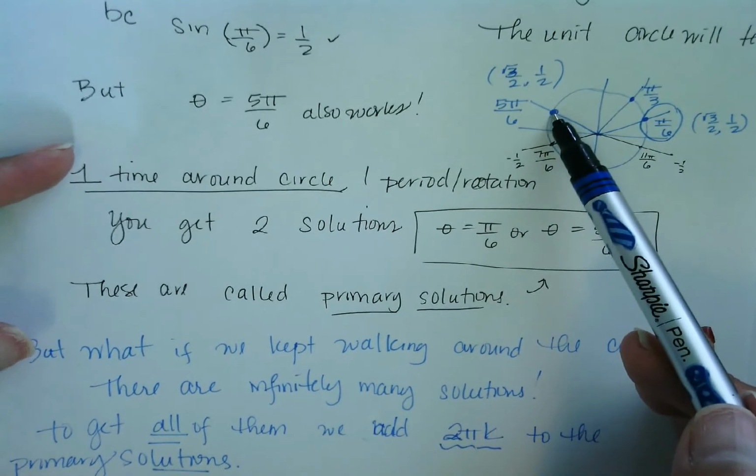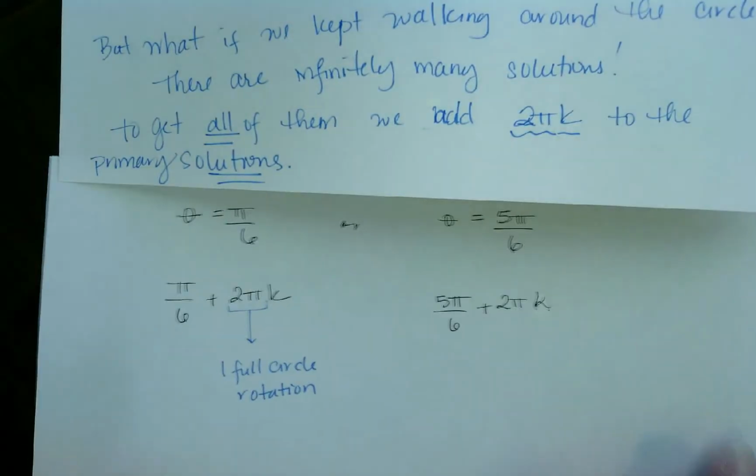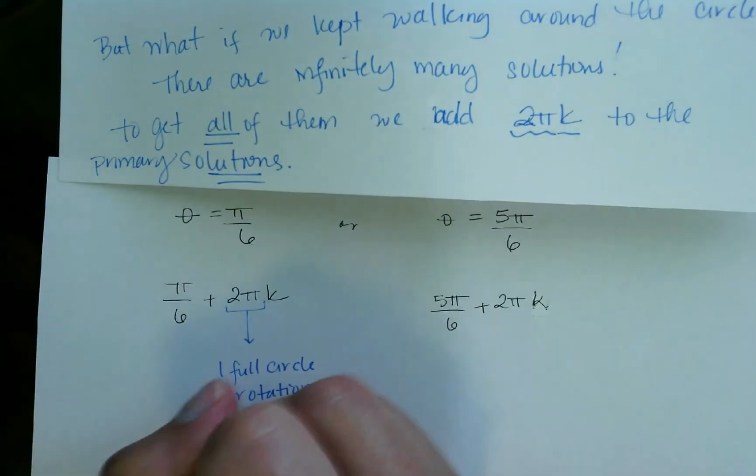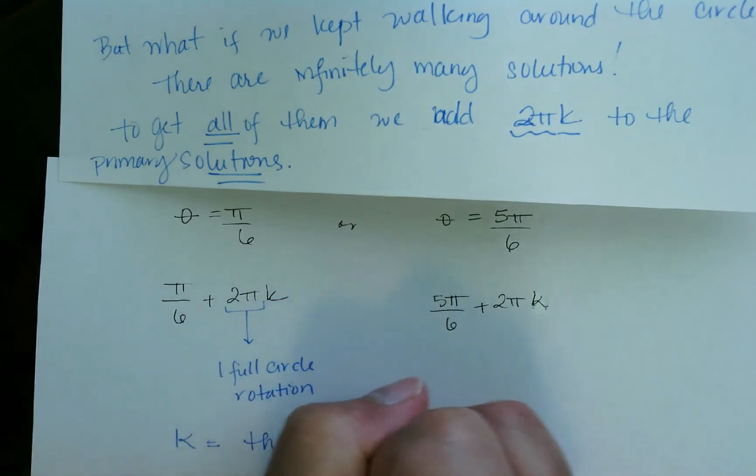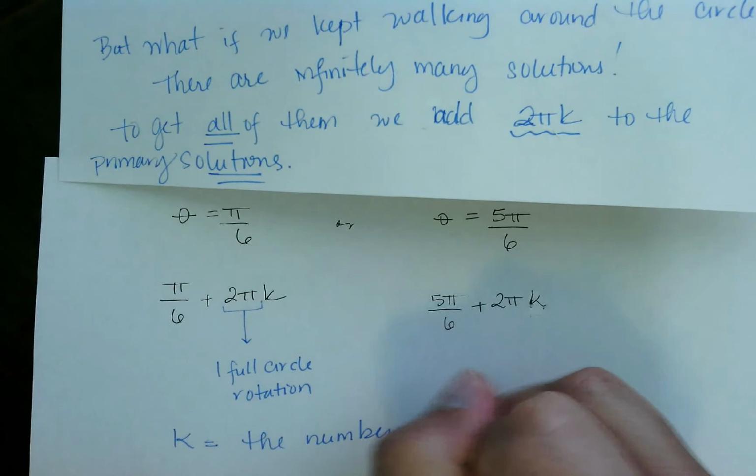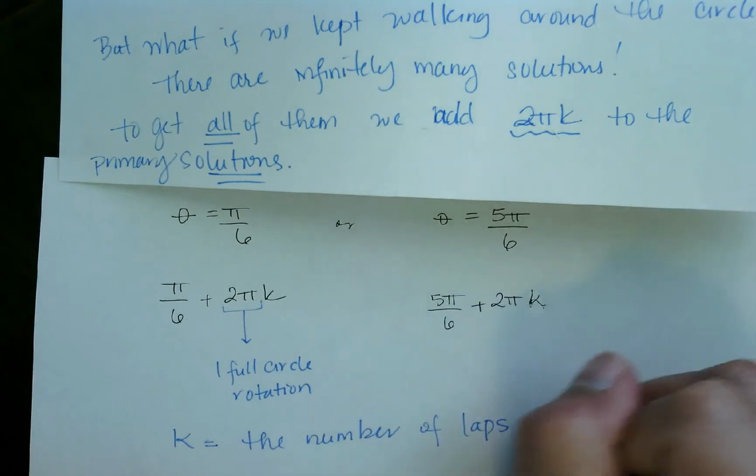The k equals the number of laps, forwards or backwards. So remember, you can go backwards too.